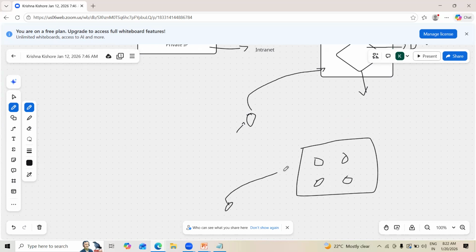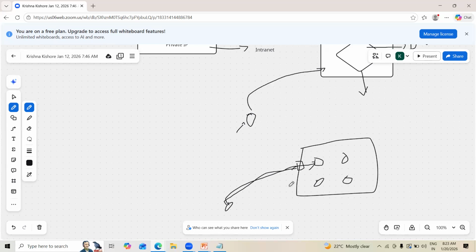So if I send a request, I don't know who this guy is. This person is not aware of who this guy is. So once he tries to connect to this person, what is the main thing required? He has to enter this network, like this particular house, then only is he able to communicate.